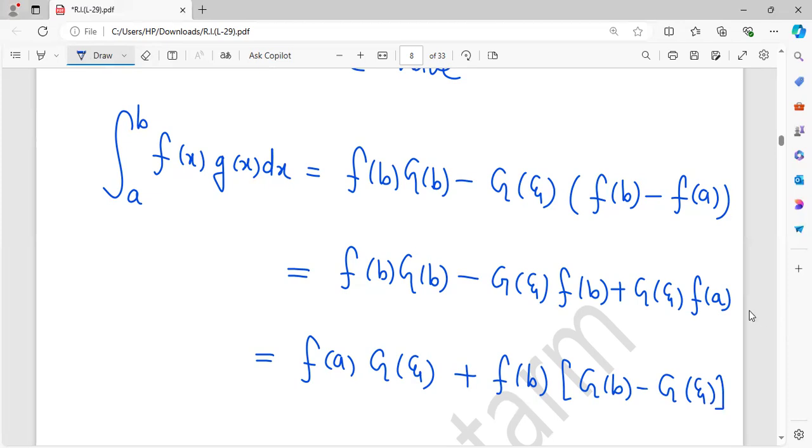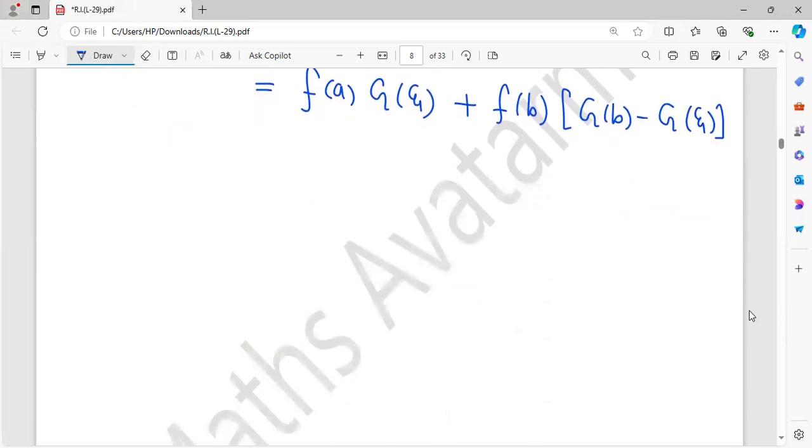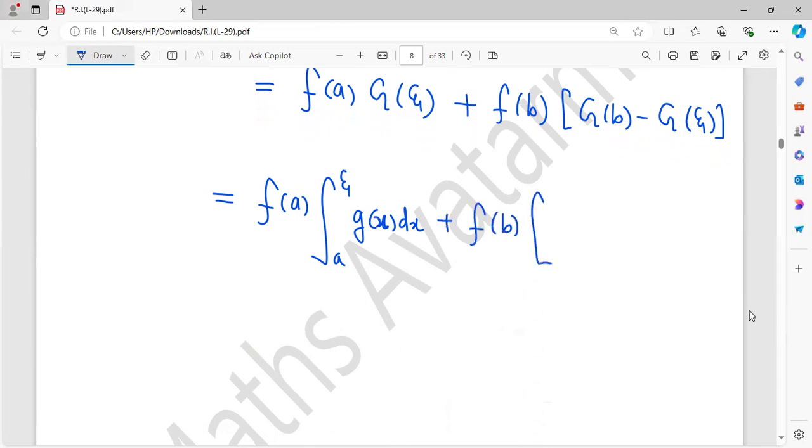Now put the value of G xi, integral a to xi g x dx, plus f a. What is this? This is integral a to b g x dx minus integral a to xi g x dx.